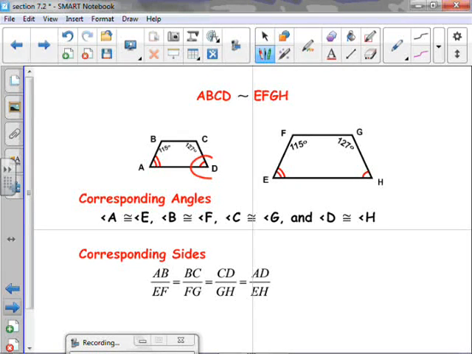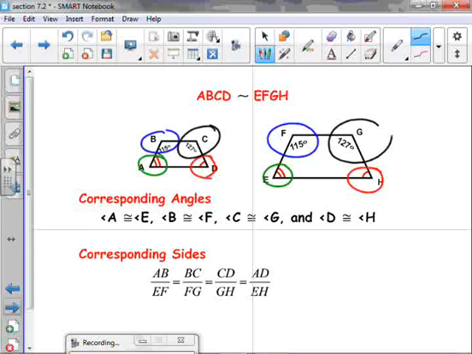The D here and the H there are the same. E and A are the same. B and F are the same. And C and G are the same. As long as all of my angles are the same, I've got a good candidate here for similarity.